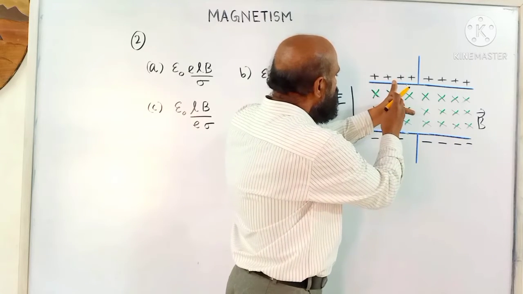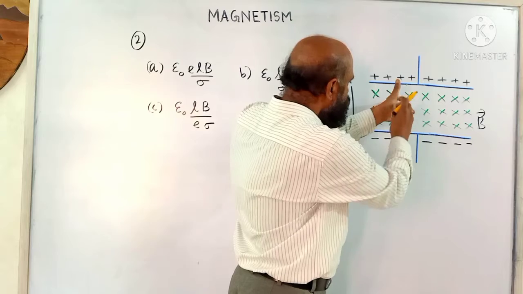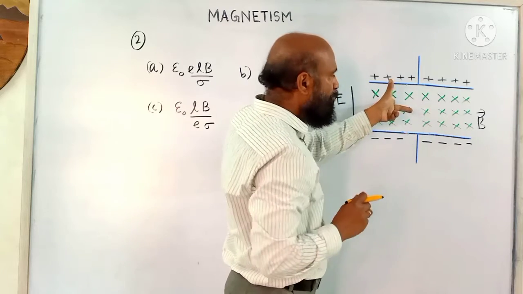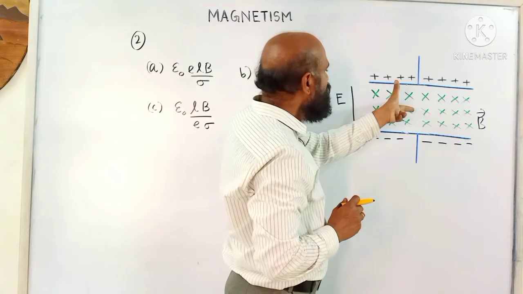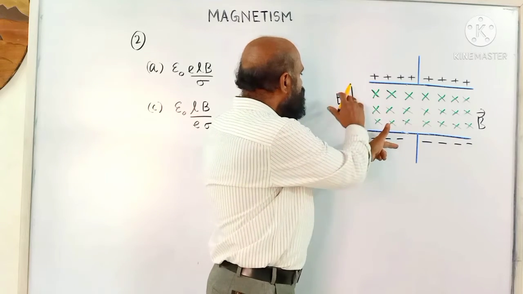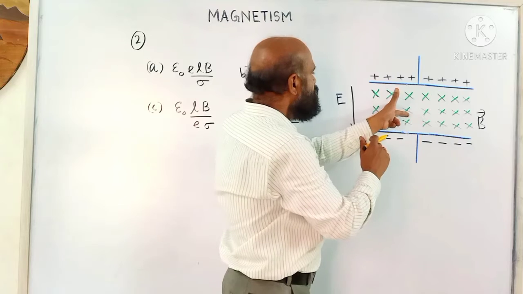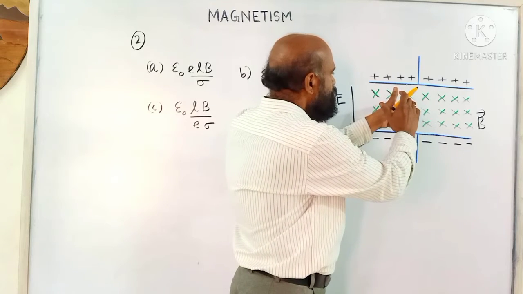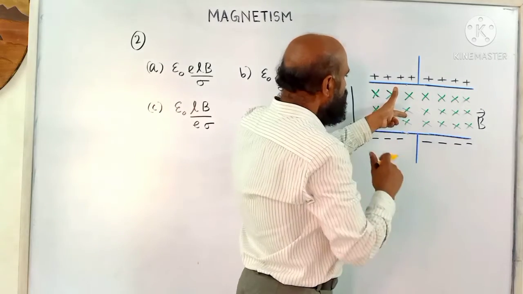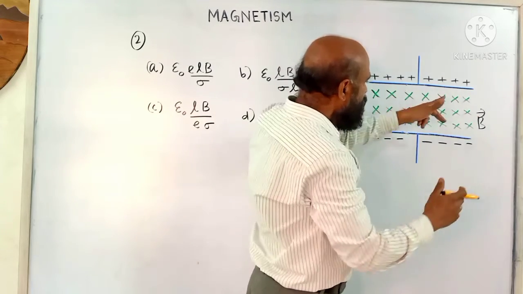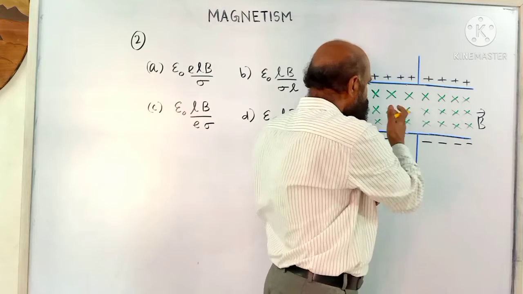That means the electron will experience a force in the downward direction because the charge of the electron is negative. Now the electric field is in the downward direction. Then the force due to the magnetic field is also in the downward direction if the electron is moving this side. Suppose the electron is moving this side.